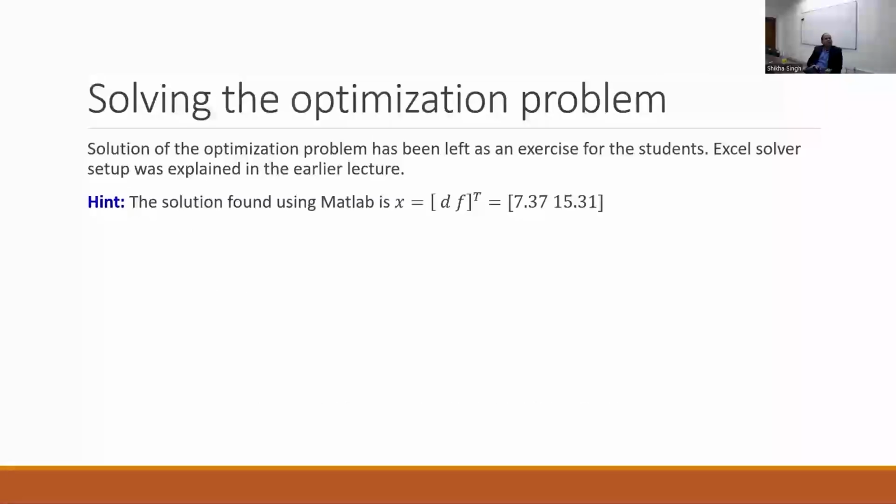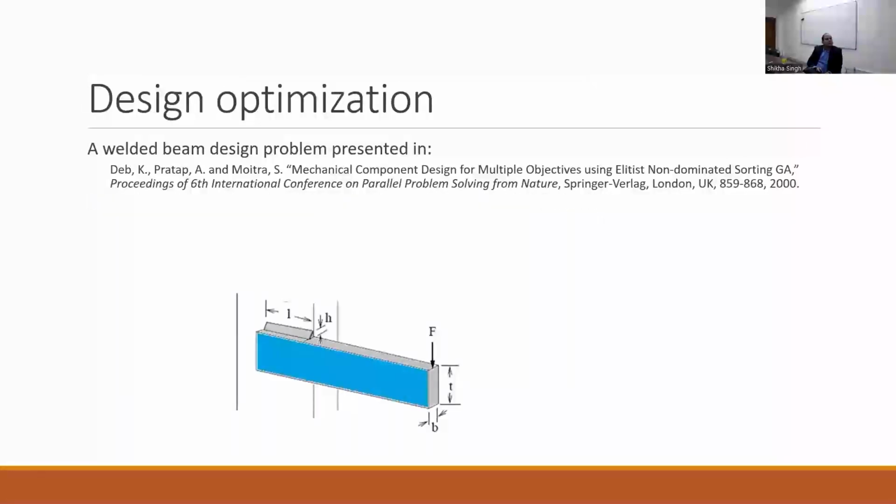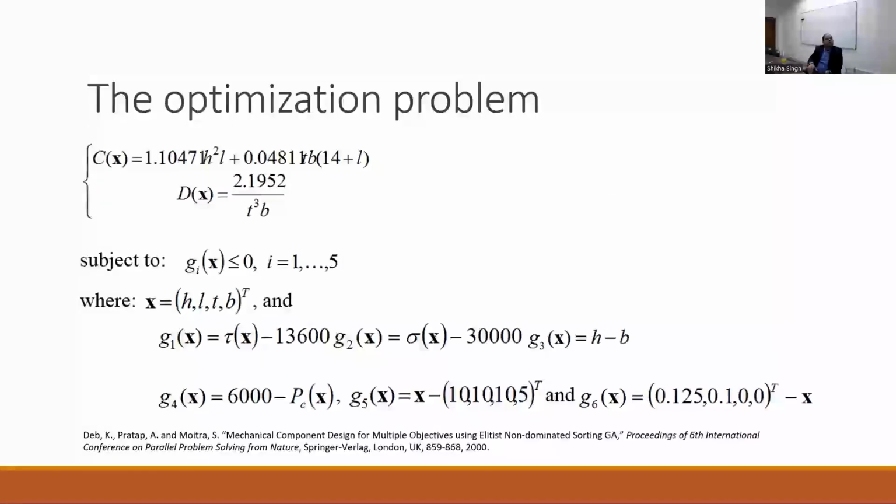So that just brings home the whole thing about the Venturi problem. The next example that I can briefly go over is taken from this publication: a welded beam with these characteristics, where you're trying to minimize the cost and the deflection of the beam, right?